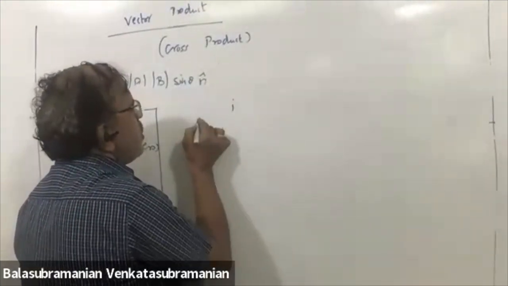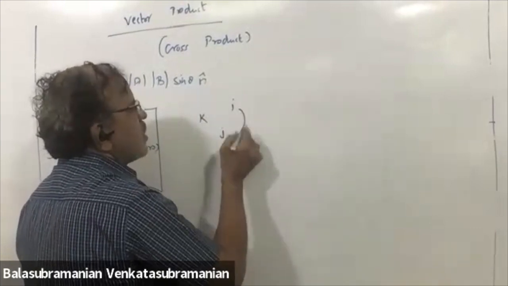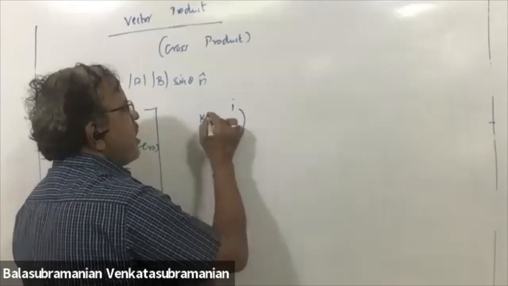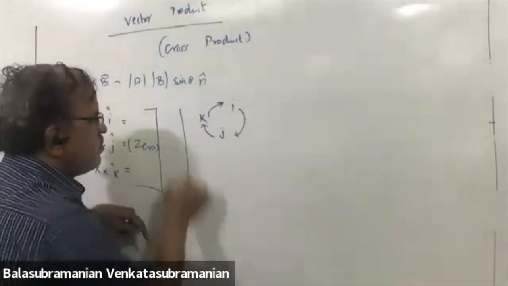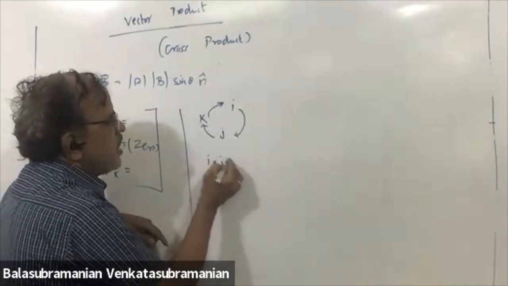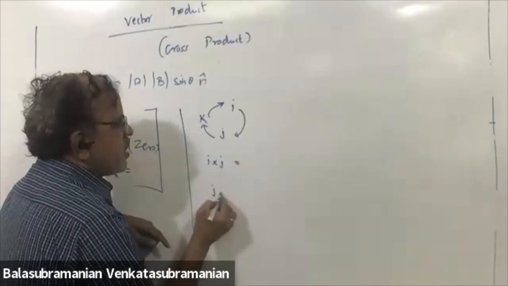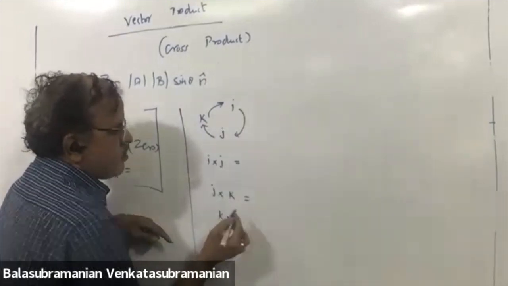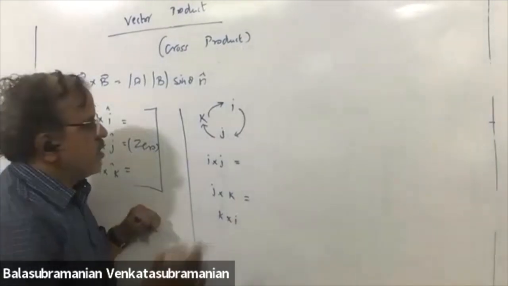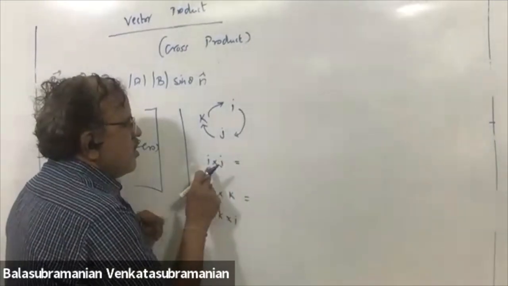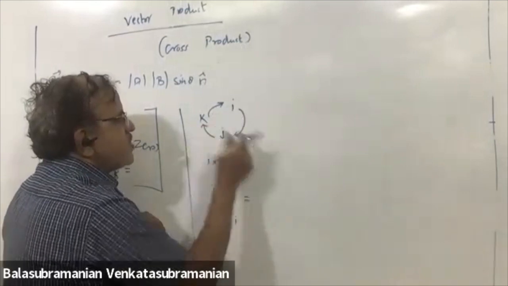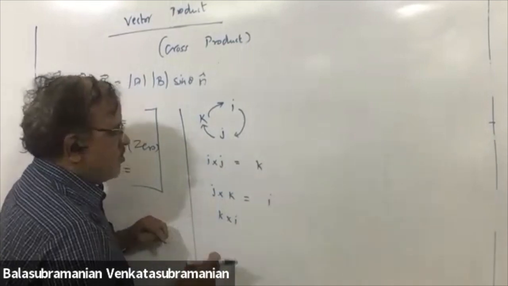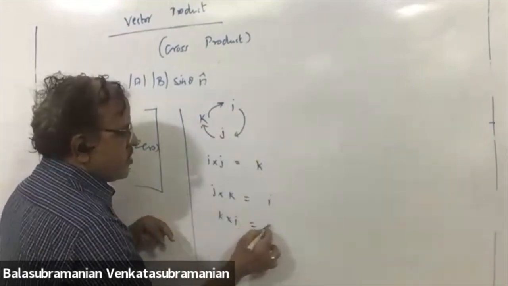Now I, J, K: I cross J, J cross K, K cross I. I cross J, next is K. J cross K, next is I. K cross I, next is J.